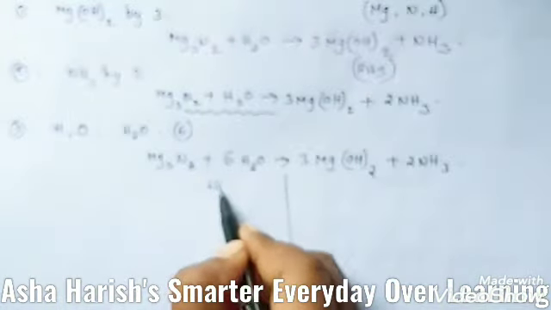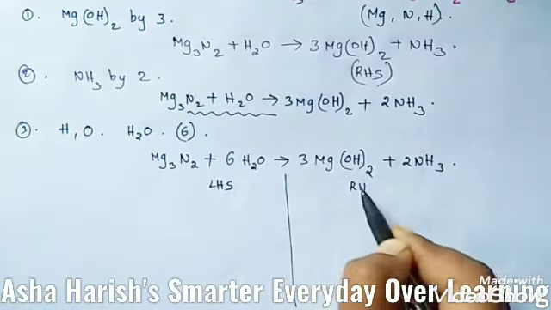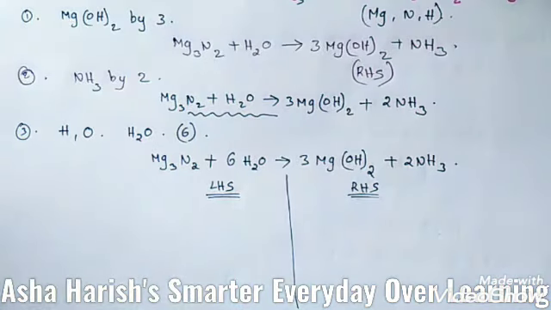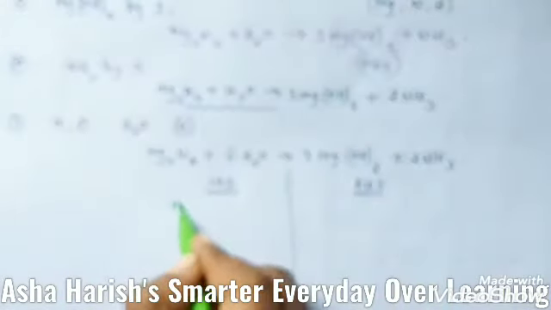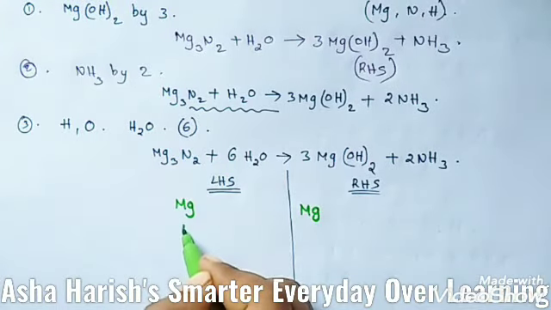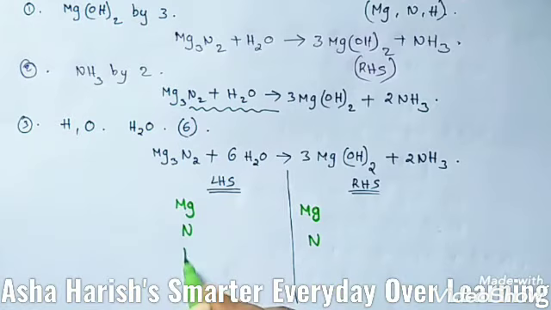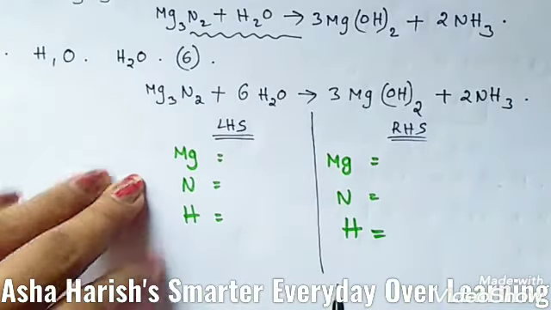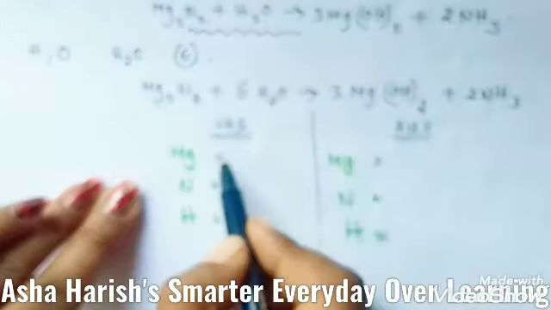Both sides, this is LHS and here it is RHS. Coming to the total number of atoms present in the reactant side and the product side, let's check it once. Here magnesium atoms and here also magnesium, and nitrogen, hydrogen. In the reactant side, the number of magnesium atoms is 3.